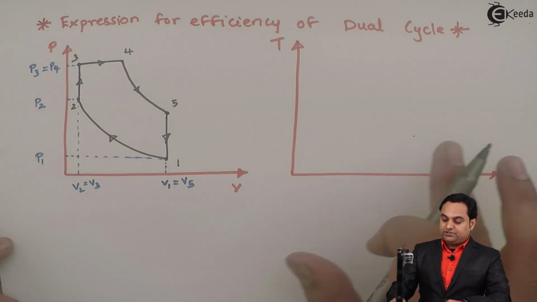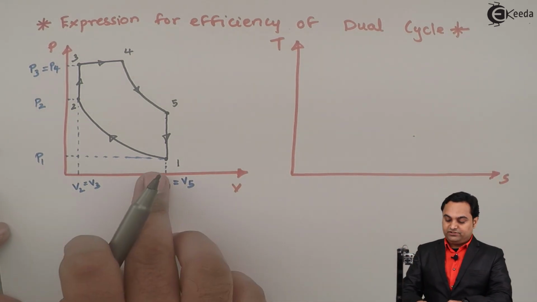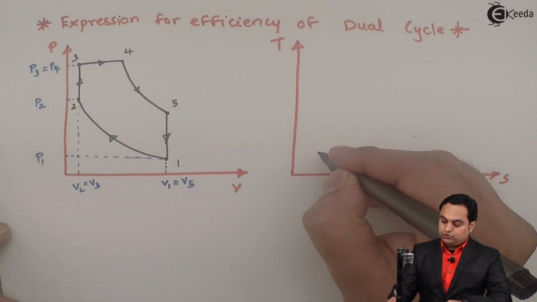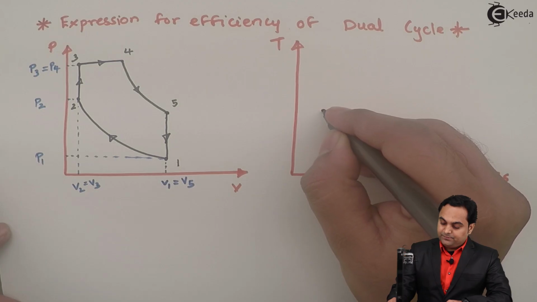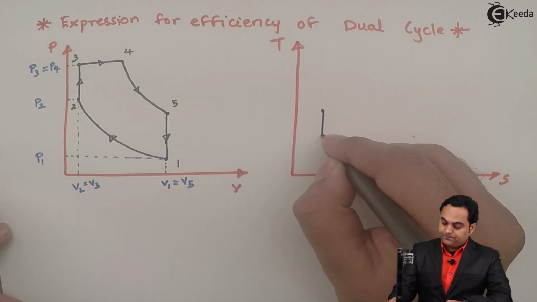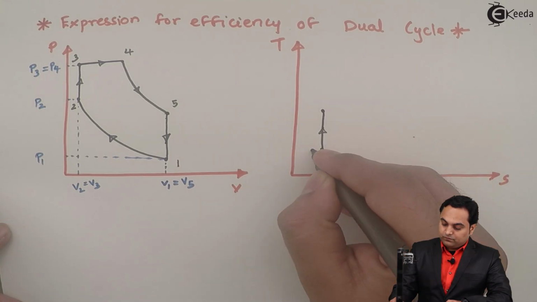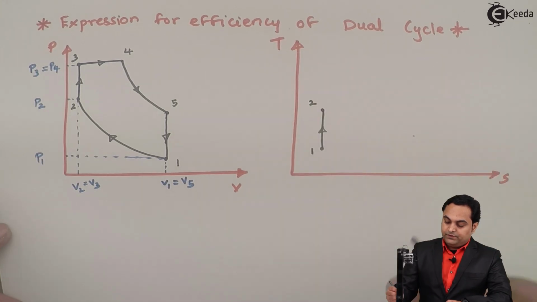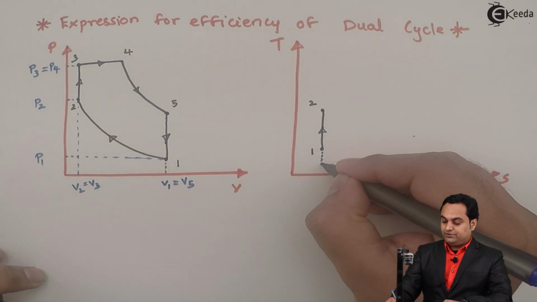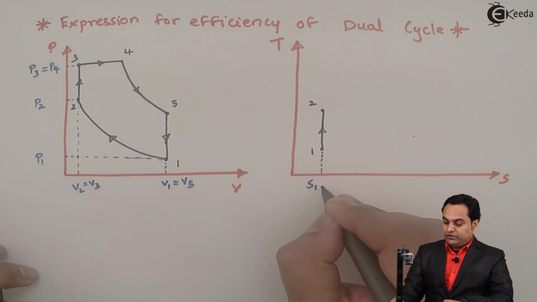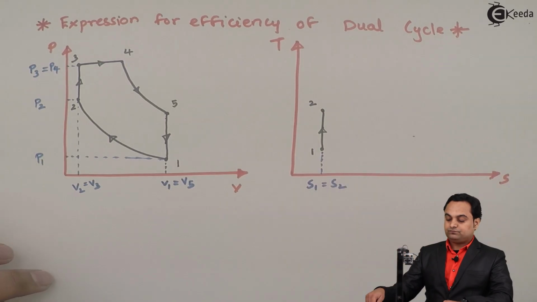Similarly, I'll show the processes on TS diagram. First is isentropic compression. So during the compression process, pressure rises as well as temperature rises. So from 1 to 2, it is isentropic compression, entropy remains constant, that is S1 is equal to S2.